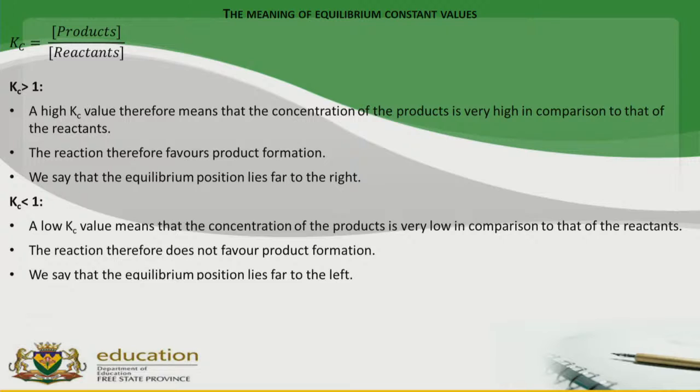It means this reaction does not favor the formation of the product. The equilibrium position lies far to the left because the concentration of the substances on the left-hand side is higher than the ones on the right-hand side.